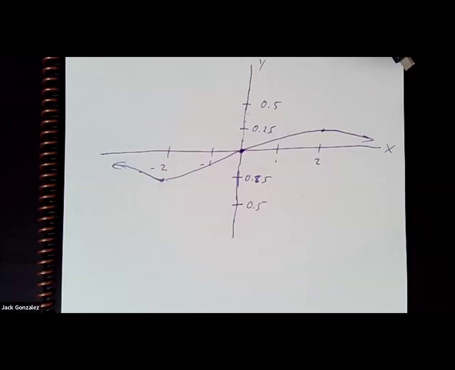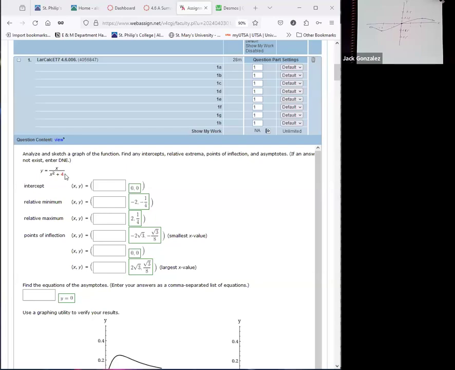So anything that made the denominator zero was a vertical asymptote. Can anything make this zero down here? Does a real number exist that would make this zero in the denominator? Let me share the screen again. Can you see this?